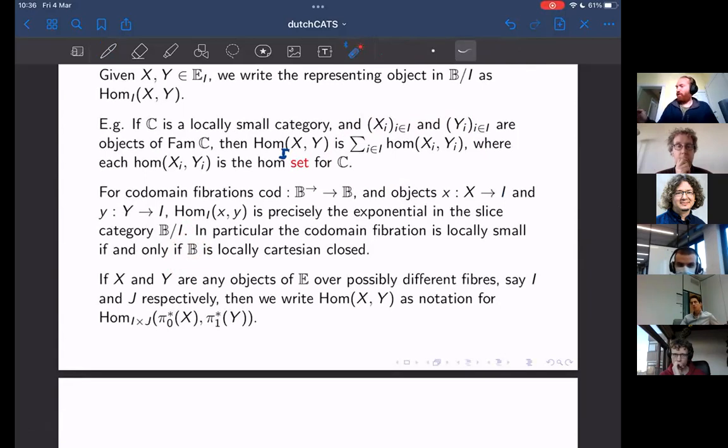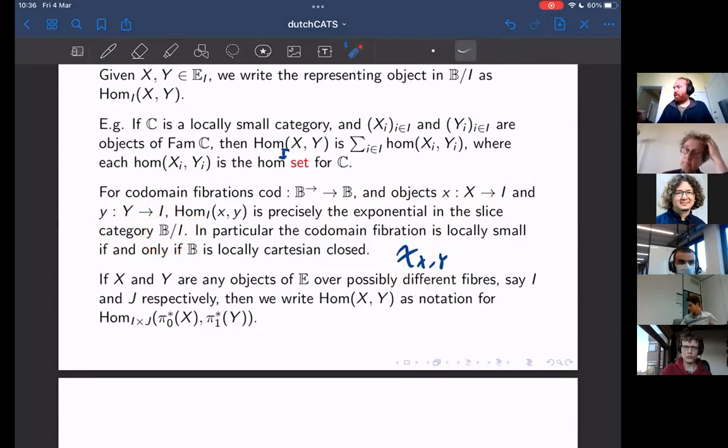Maybe a better way of phrasing this is that these presheaves chi(x, y) are representable precisely when they are exactly the exponential in the slice category B over I. So in particular, if they exist, then the slice category has exponentials and vice versa.